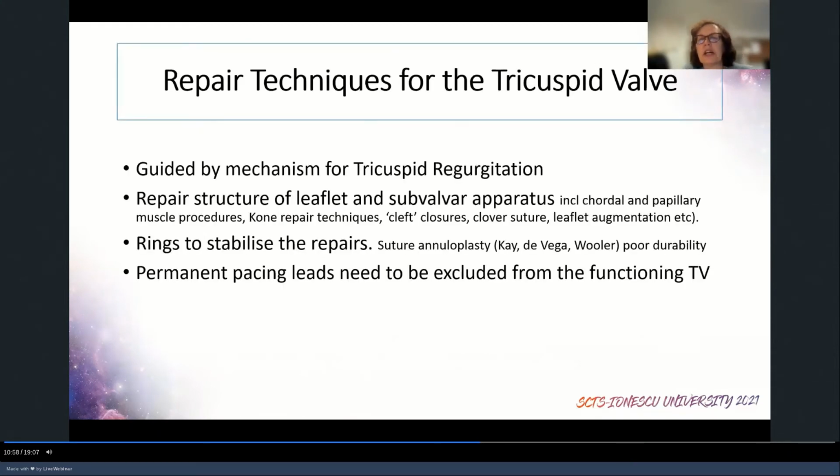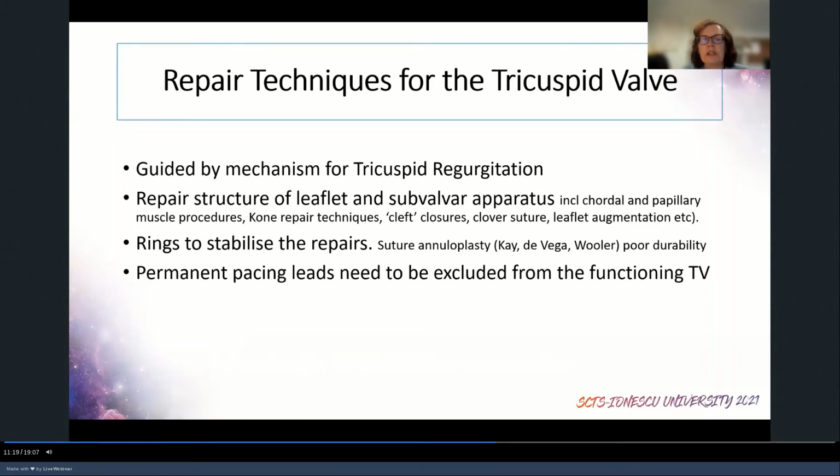So what is the armamentarium that surgeons have for the treatment of tricuspid valve disease? There are many tools that are available, but the importance is that the guidance for the type of repair is provided by an understanding of the mechanism for the tricuspid regurgitation.